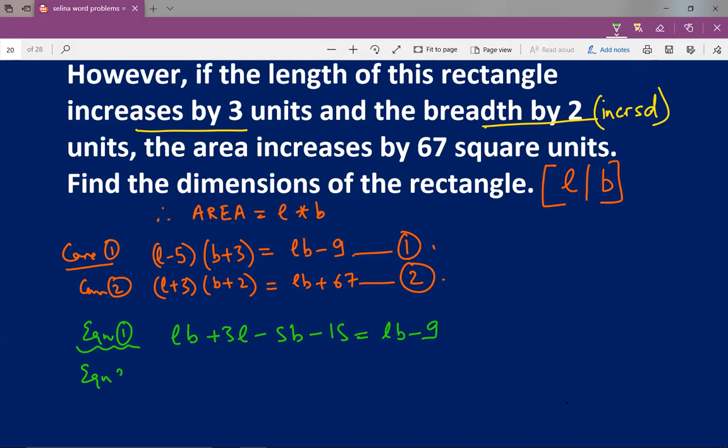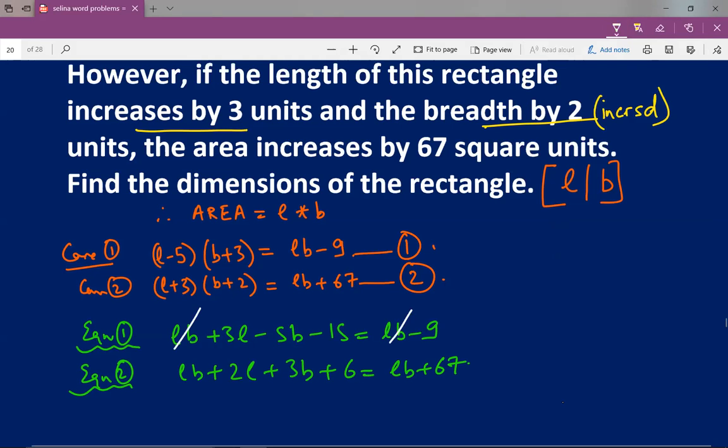If I take equation 2, it will be LB plus 2L plus 3B plus 6 would be equal to LB plus 67. So I do basic cancellation first. This LB will get cancelled by this, and this LB will get cancelled by this.